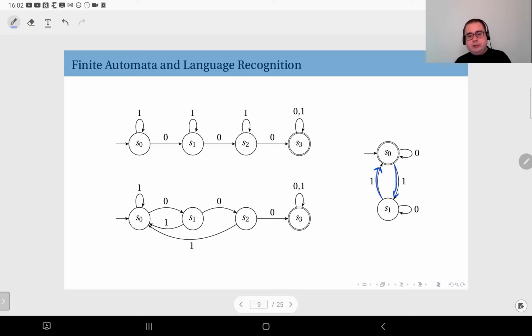And since S0 is the accepting state, what this means is for a string to be accepted, it has to have an even number of ones in it, right? The first one will take it to S1, the next back to S0. So if you have like 1, 0, 1, 0, 0, 1, then this one will take you to S1, this one will take you back to S0, this one will take you to S1 again, which is not accepting, so this string will not be accepted.